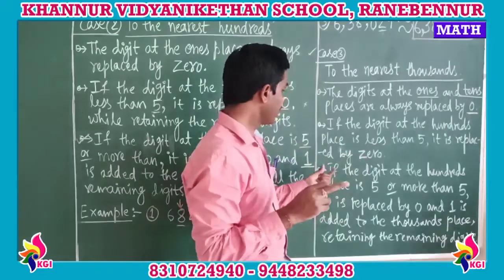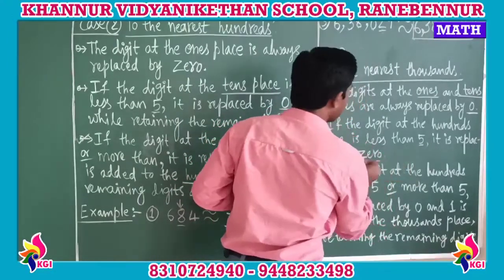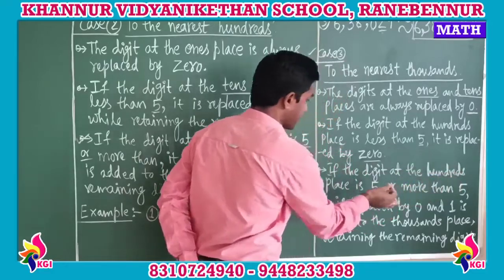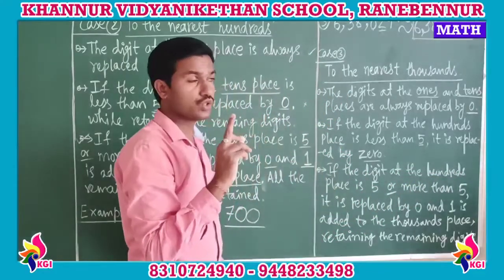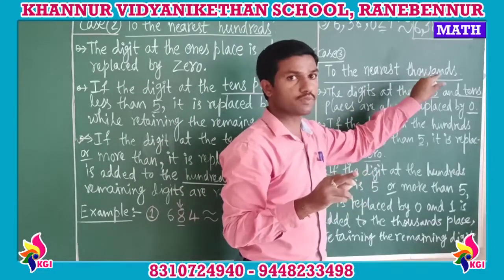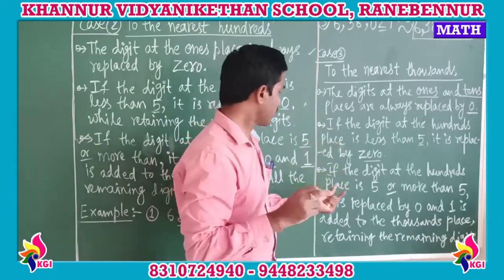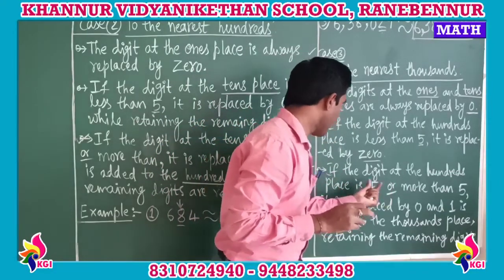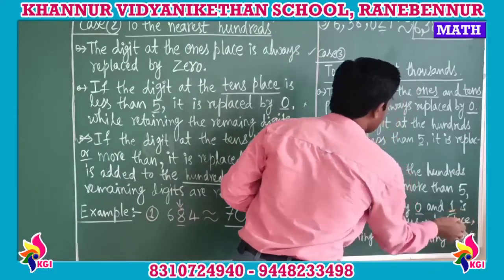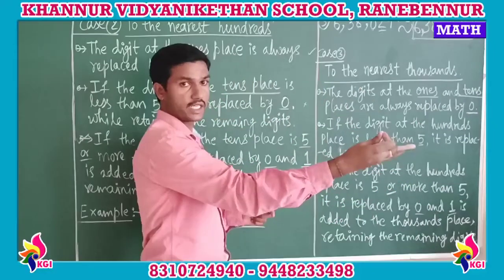In the third condition, for the nearest thousands you concentrate on the hundreds place: if the digit is 5 or more than 5, it is replaced by 0, and 1 is added to the next place, that is the thousands place.